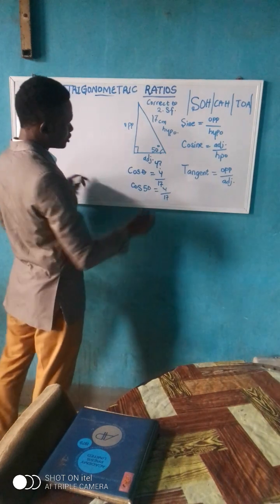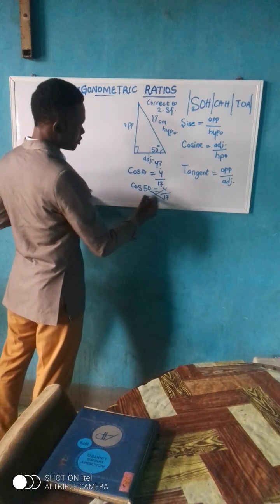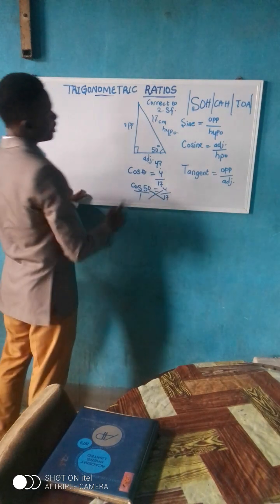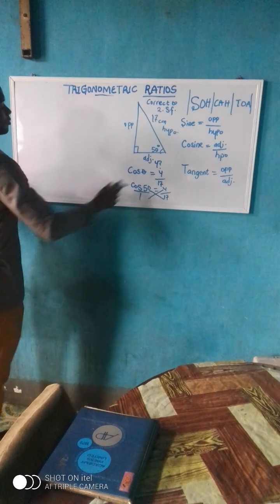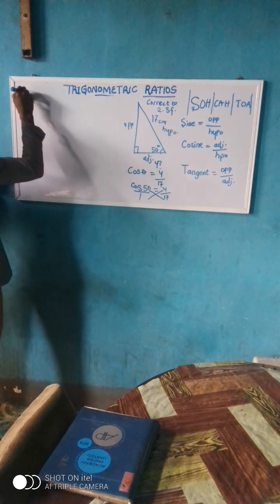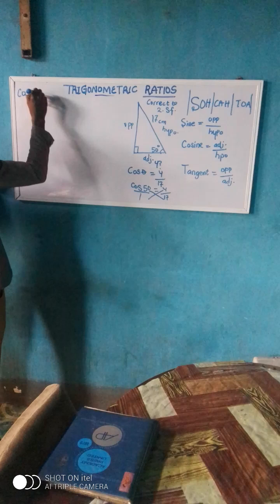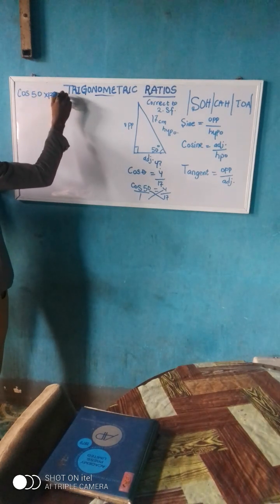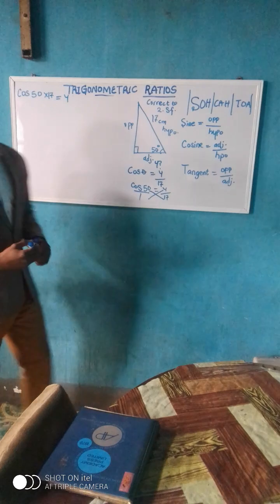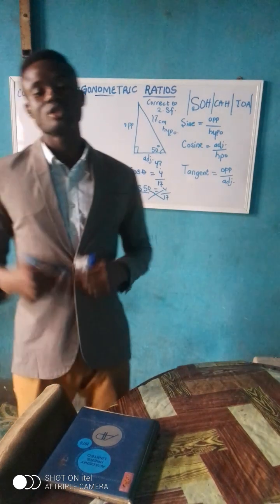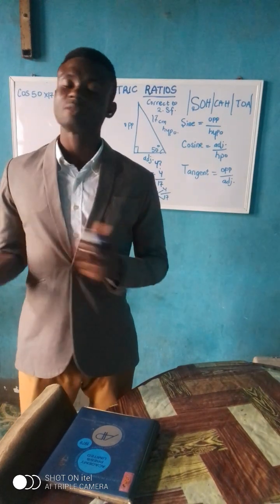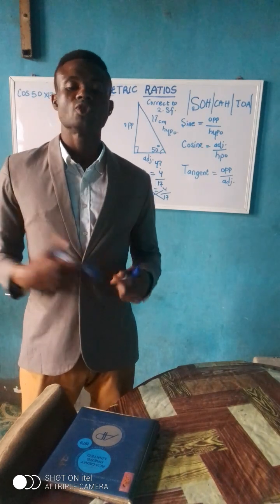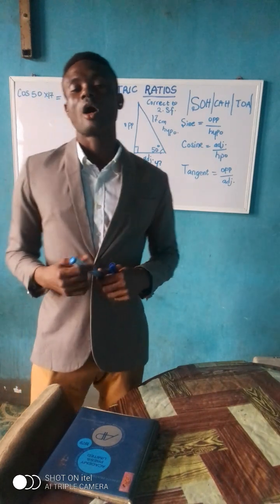Very good. You cross multiply. So here will multiply here and here will multiply here. So you make this look like a fraction by putting it over 1. So we have cos 50 times 17, which is equal to y, because y times 1 still gives you y. Any alphabet times 1 will still give you the alphabet.